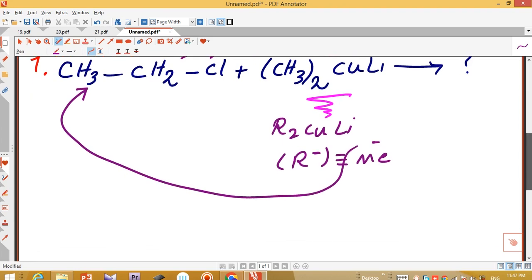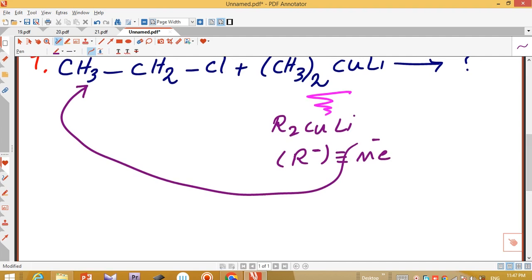That's right. So here methyl will attack ethyl chloride from the back, and chloride will leave from the front of the alkyl chloride or ethyl chloride. So we will have methyl, methylene, and methyl. So propane will be our product.